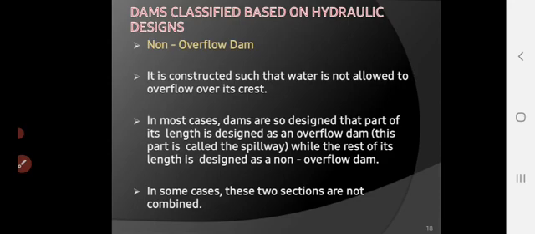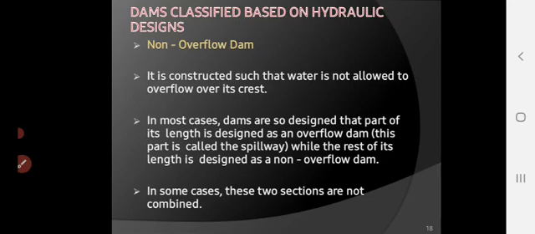Please hear all these sentences and read them carefully. You can easily get the idea of what is a spillway, what is a dam, what is a weir. In some cases these two sections are not combined.